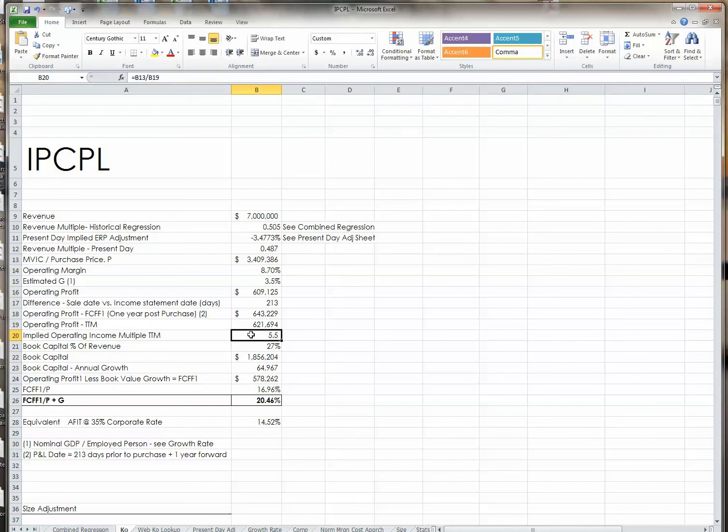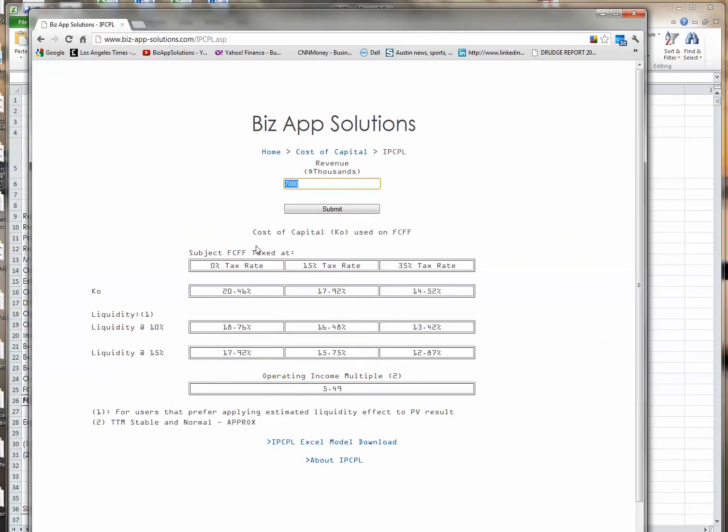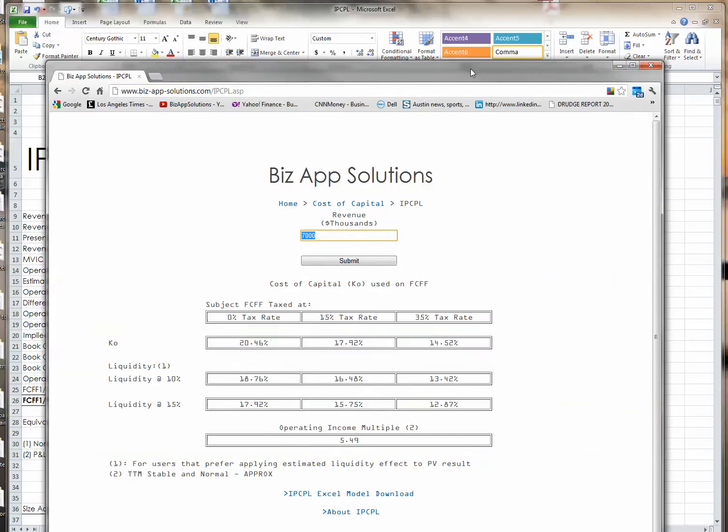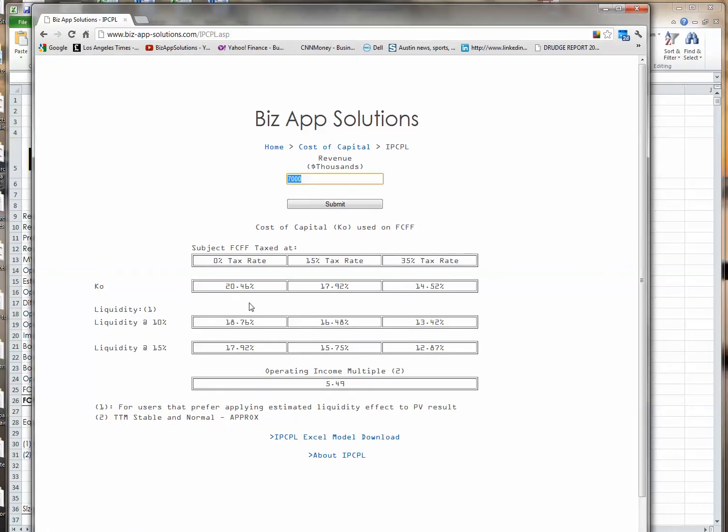Remember, that was the lag number. When you gross it up to the transaction date on a trailing 12 months, it goes down to 5.5. So plugging the same 7 million assumption into the model yields those results: 5.5, 14.5, 20.46. See that? 20.46. And that is how it works.